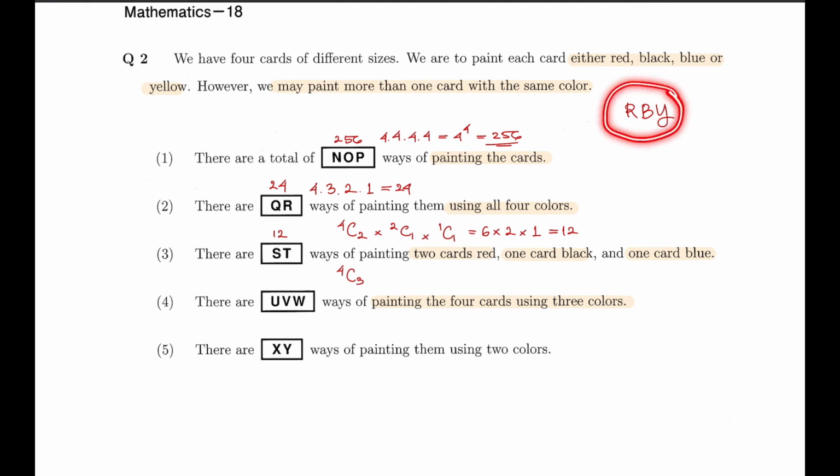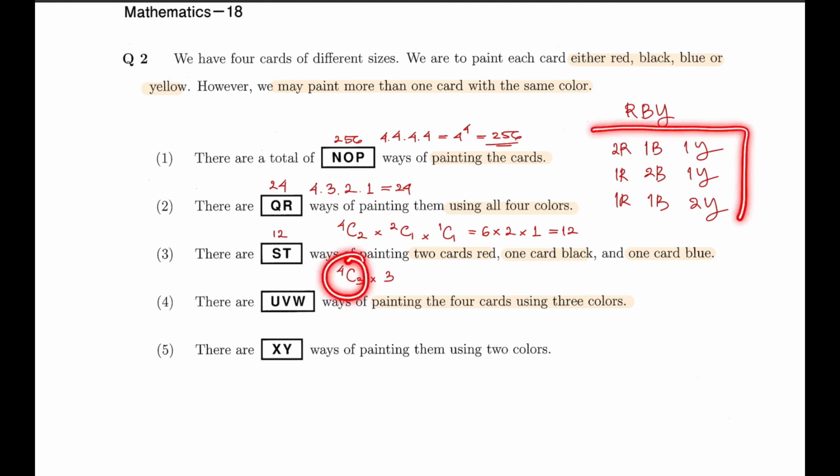After we get these 3 colors, there are still 3 possibilities of painting the cards. It can be 2 red, 1 blue, 1 yellow, or 1 red, 2 blue, 1 yellow, or 1 red, 1 blue, 2 yellow. So after 4C3, I have to multiply it by 3, because for each choice of colors, we have 3 different ways.